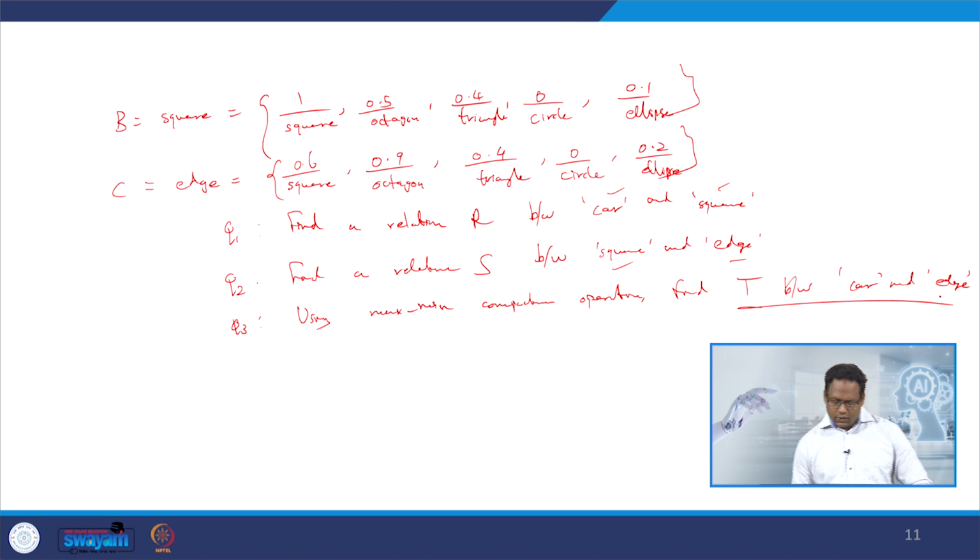So, now T has to be found between car and edge, that is the question now. Now, let us see how it is getting done. Okay. So, now let us move on to the solution.